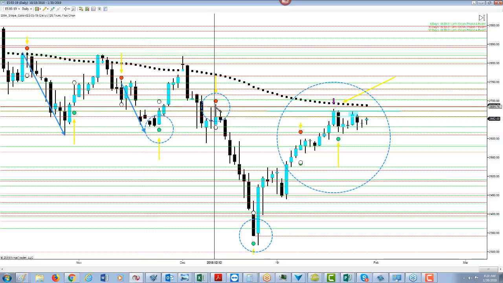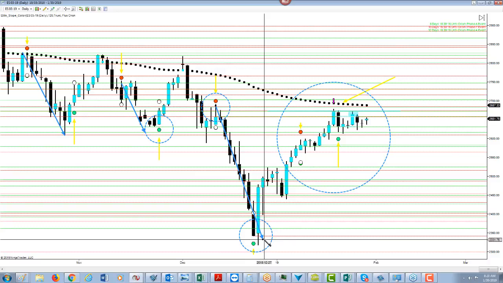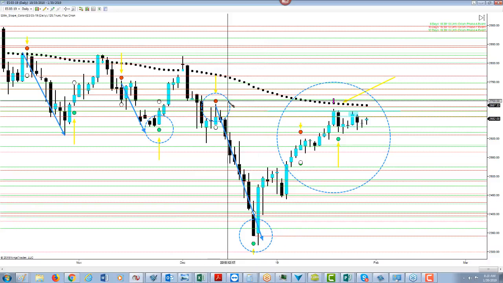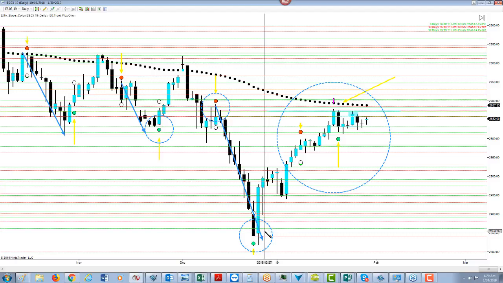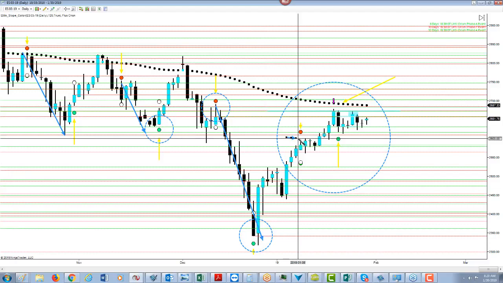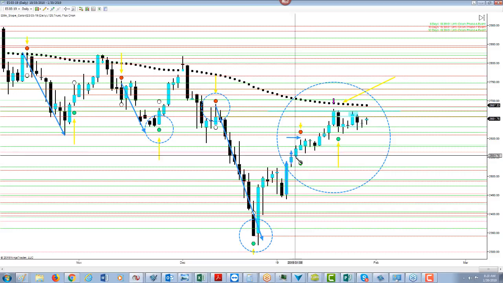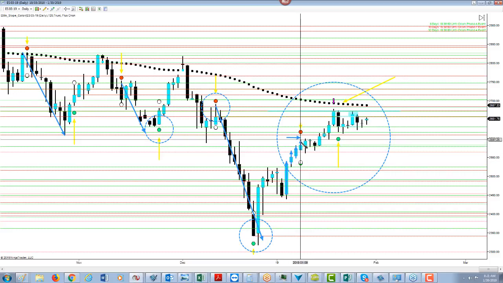And then Sarah, there's this climactic board clearing run right there that seems to take out all of the loose money. And then we get to this guy, the dinker. And you can see that we have big candle up, big candle, blue candle, blue candle.